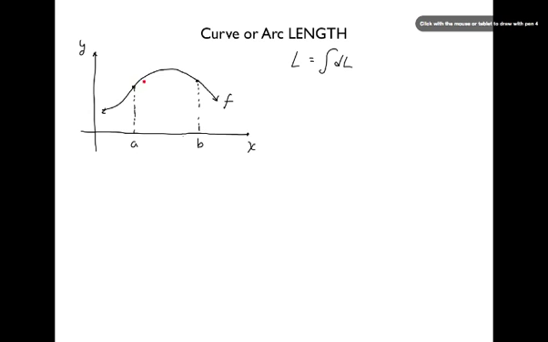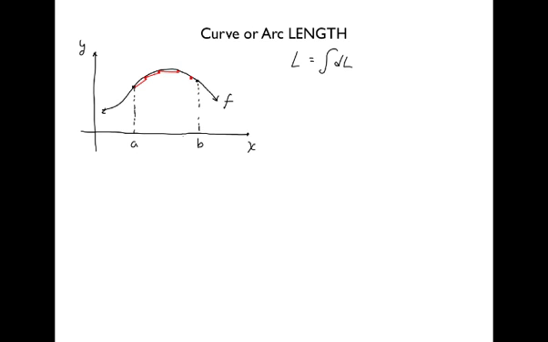So what are we going to do? We're going to break this up like this. To get an approximation for this length of curve right here, we want a straight line, right? Because that we can get. So we'll do a straight line there, straight line there, like that.